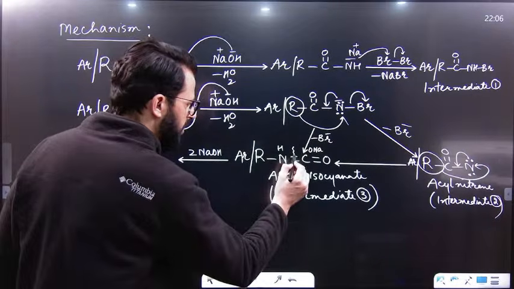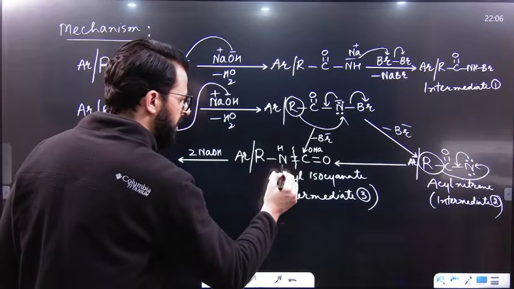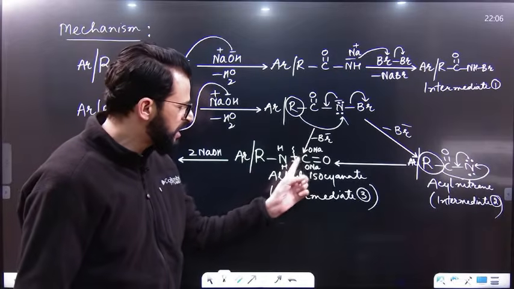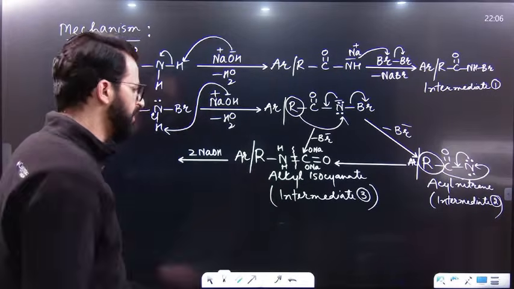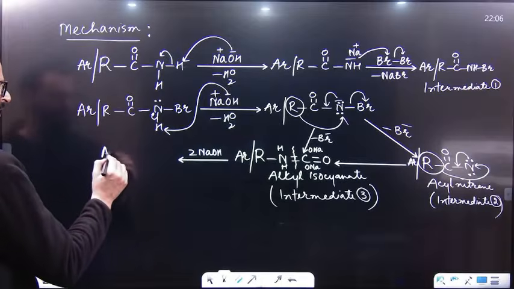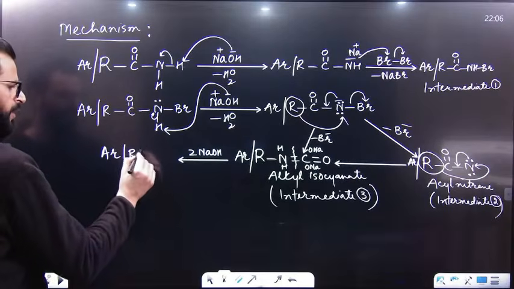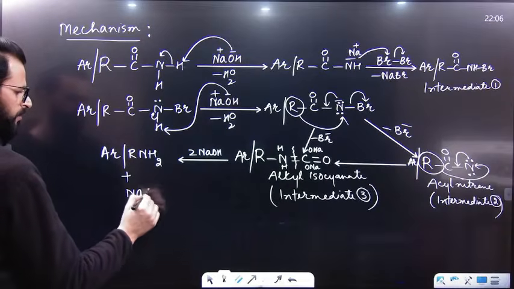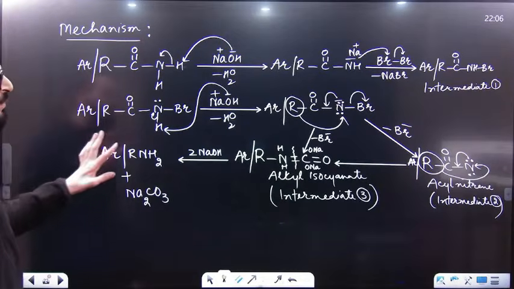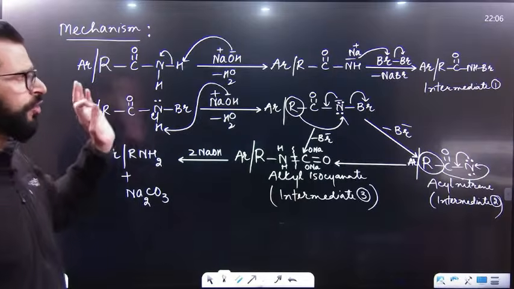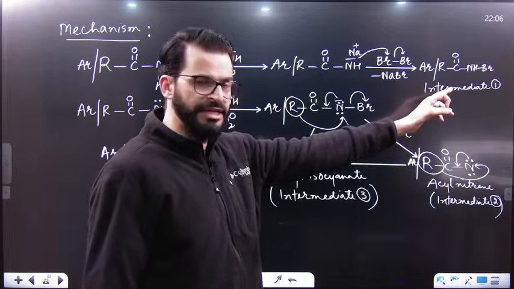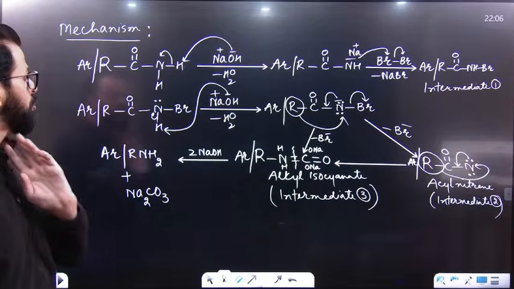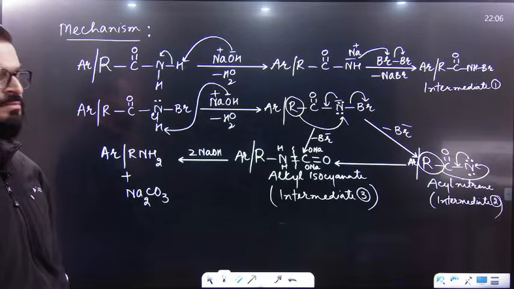Similarly, break another bond, that means add another H and one more ONa over here. That means it becomes Na2CO3 and this becomes a primary amine. So in a nutshell, we will get a primary amine plus Na2CO3. Now, I hope this is clear to each and every one. So this can be one intermediate, this another, and this another. This is what we call the mechanism of the reaction.